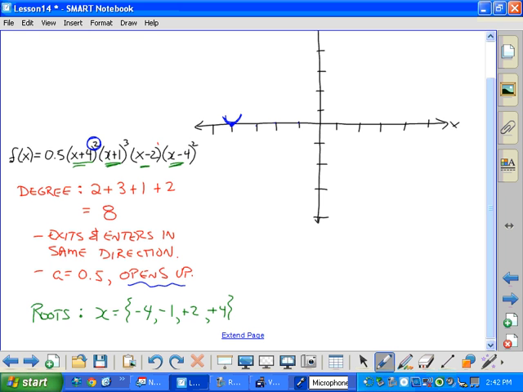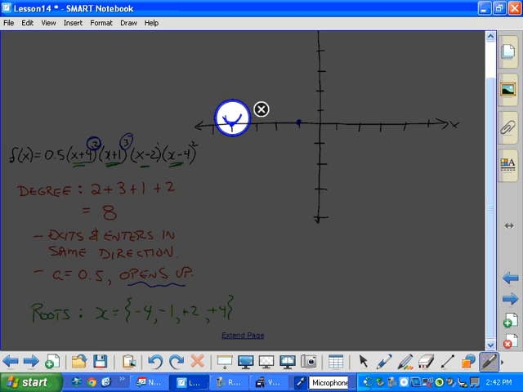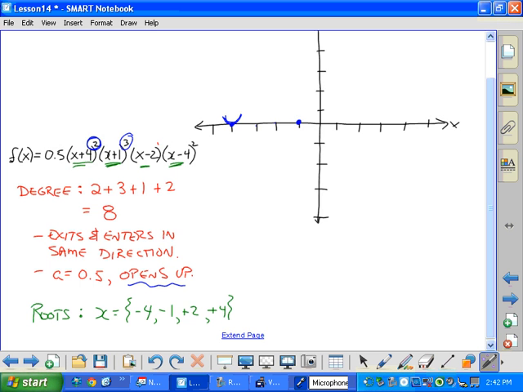What's happening at the x plus 1? That's this point right here. It's an S curve. I have to connect this part of my graph with what I'm going to draw here. So that means my S curve has to be drawn so that my tail is up in the air there.